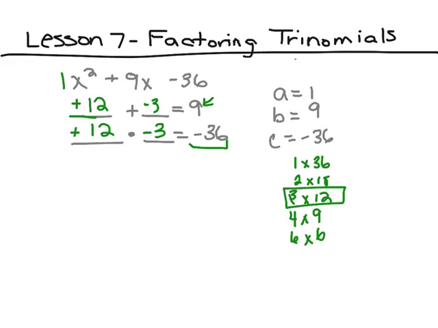Since a is 1, we put it into our brackets as x plus 12 and x minus 3. If you were to check this, you would expand out the brackets and distribute your variables, and it does in fact work. You don't have to verify all of your answers, but it is good practice to do that to make sure that you did it right.